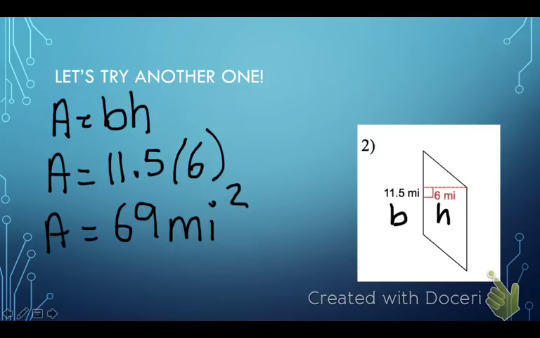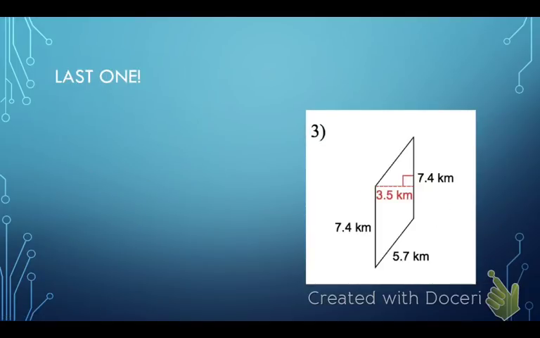Let's do one more example that has a little bit more to it. There are a lot more numbers here, which might make it a little more difficult. First, again, A equals BH. I know it'll get repetitive, but the more you repeat it, the more you will memorize it. We need to find the base and the height.